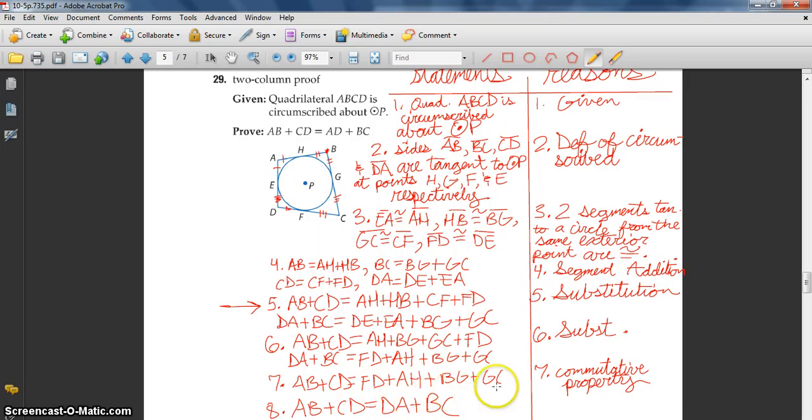So in my final step, I can substitute one more time. DA plus BC and AB plus CD are both equal to the same thing. So I'm substituting DA plus BC in for all of this. And I get what I wanted to prove.